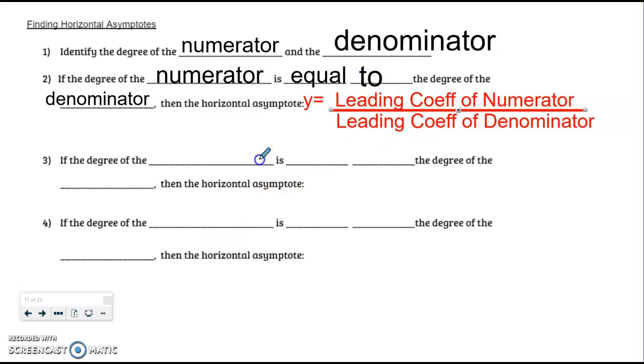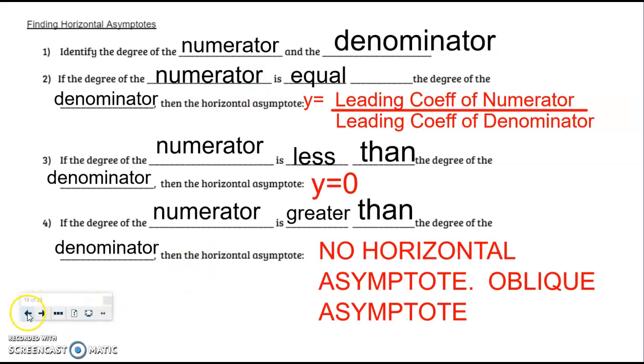Now, I could also have the situation in which the degree of the numerator is less than the degree of the denominator. In that case, the horizontal asymptote is going to be at y equals 0. Now, if the degree of the numerator is greater than the degree of the denominator, then the horizontal asymptote doesn't exist. There is none, and it's going to be an oblique asymptote.